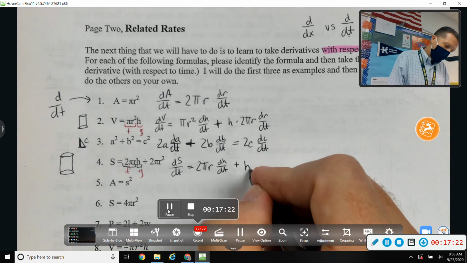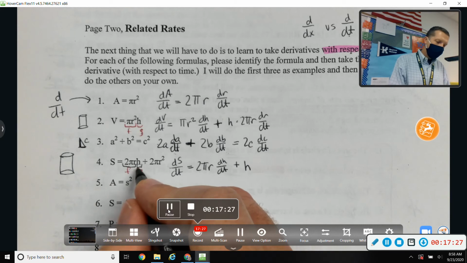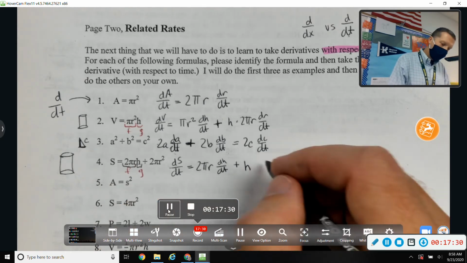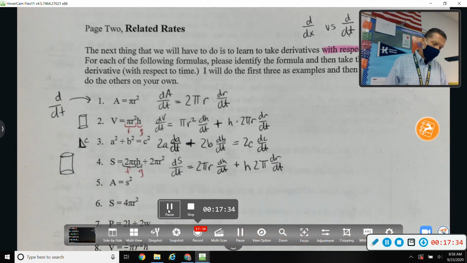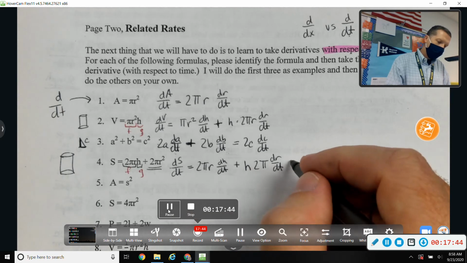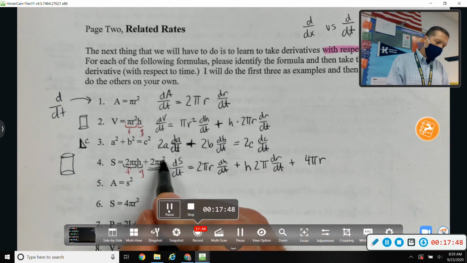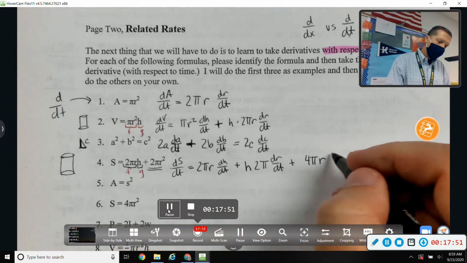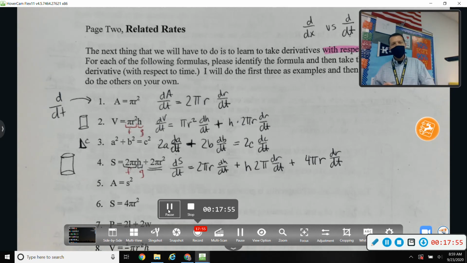So h times the derivative of 2 pi r. The derivative of r would just be 1. The 2 pi is still there, but then dr dt. And then careful, this one people forget because they get so focused on the product rule that they forget there's another piece out there. So plus 4 pi r, using the power rule, 4 pi r dr dt. That one's a little more complicated than the others.